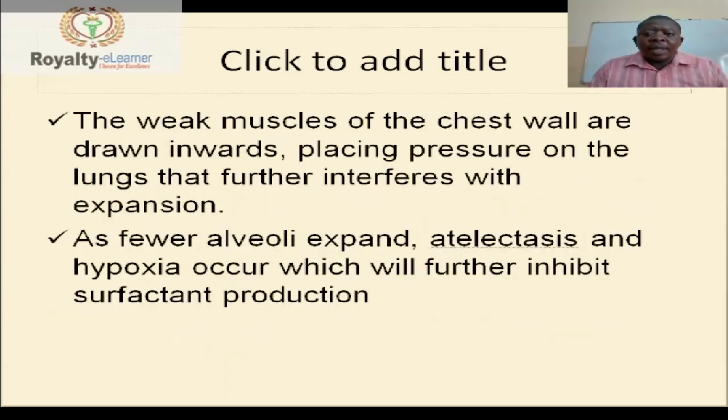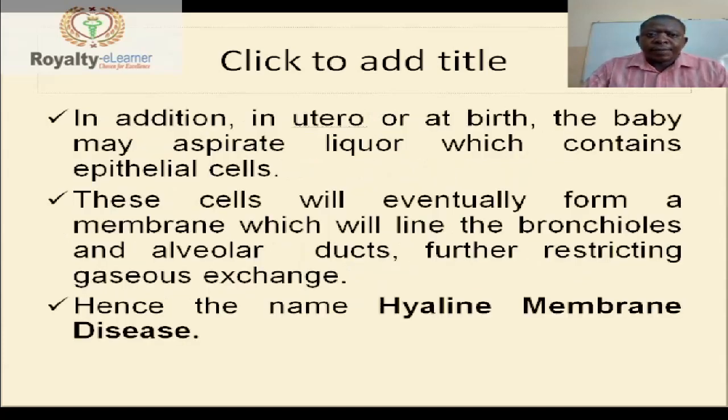The weak muscles of the chest wall are drawn inwards. This causes pressure on the lungs that further interferes with expansion. As fewer alveoli expand, atelectasis and hypoxia occur, which will further inhibit surfactant production.